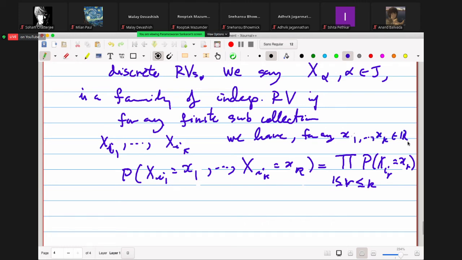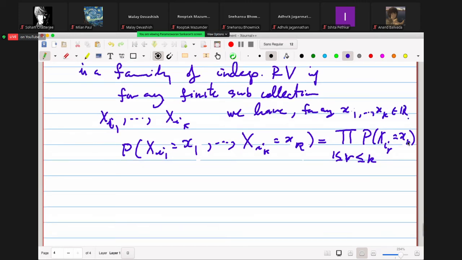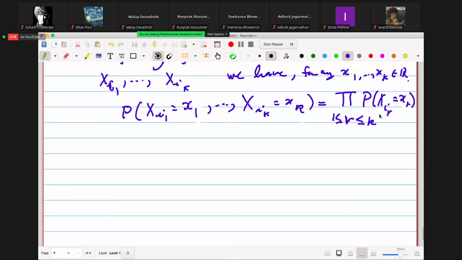Anyway, it's the most natural thing. We have already described the independence of a collection of sets. Here, when you prescribe values for the random variables, you get a collection of sets, and those collections must be independent for any choice of your finite subcollection and for any choice of these real numbers. So that's the definition.